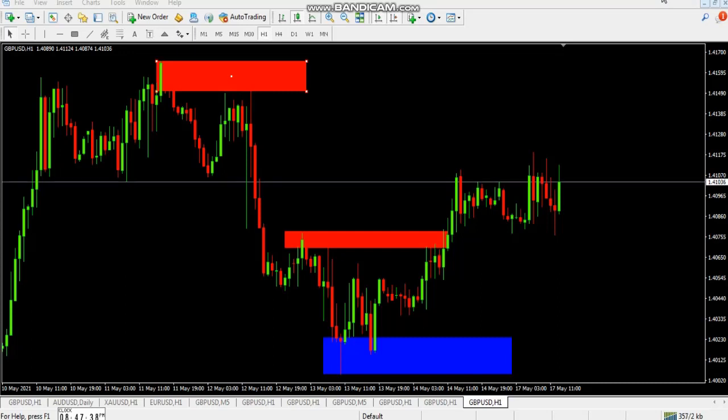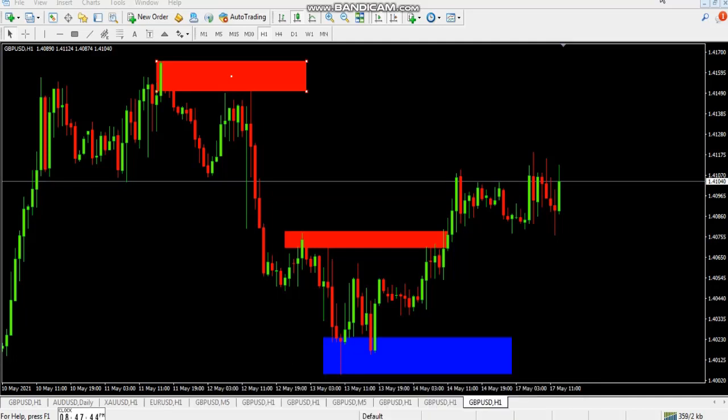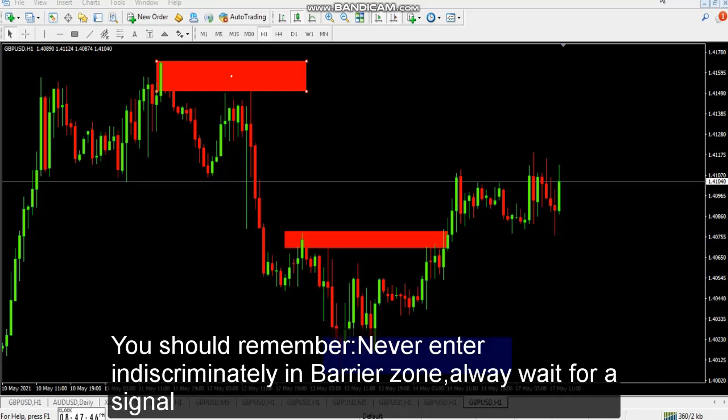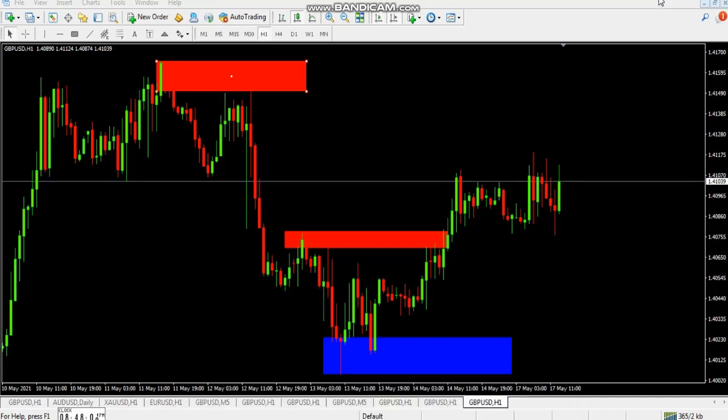But no matter how strong the barrier is, don't enter early. You should remember never to enter immediately in the barrier zone, even for a single candle, because it is still a risk: in the barrier zone the price can penetrate at any time.